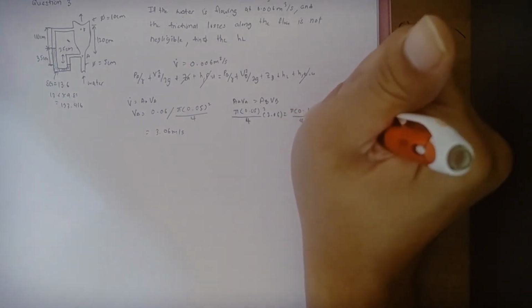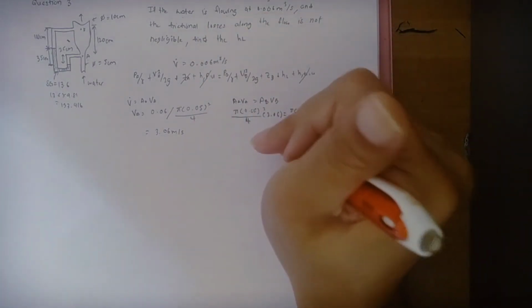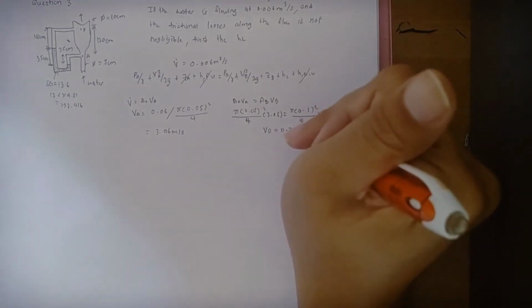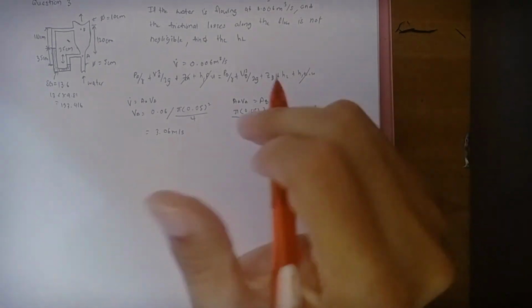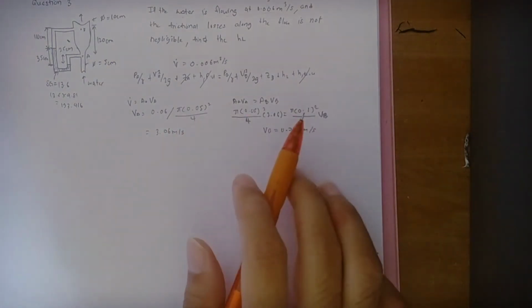So we calculate all this. So we get VB is equal to 0.765 meter per second. Then we have the velocity for point A and point B.